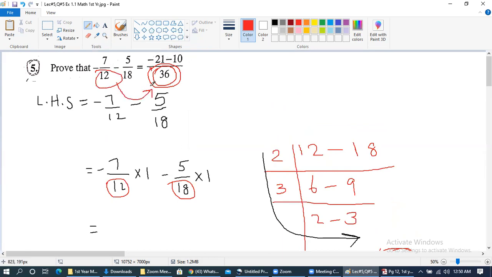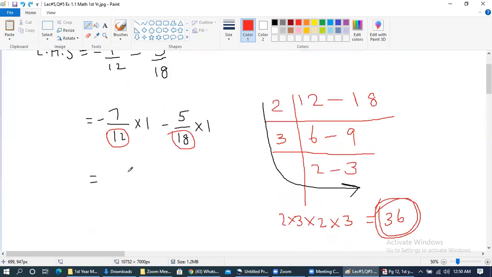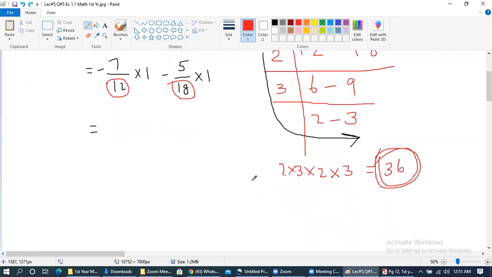Now we have to multiply certain numbers with 12 and 18, so that both become 36, the least common multiple. Can you tell how 12 can be converted into 36? Any number which can be multiplied with 12 to make it 36?